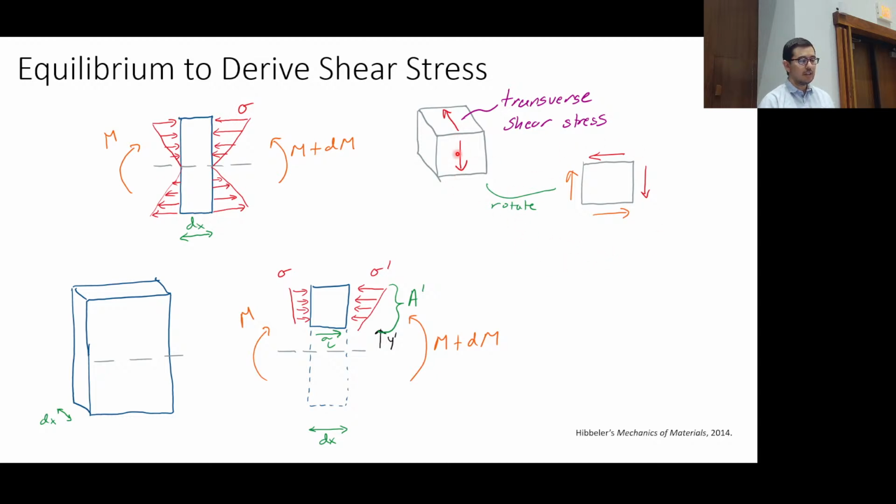And if this element is this face rotated, there's a shear stress on the bottom. You could say there are shear stresses on these sides as well, but for now we're just interested in performing equilibrium in the horizontal direction. So this shear stress is actually this shear stress.